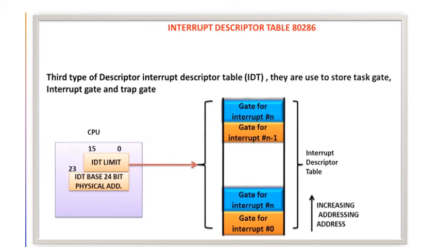Let us now discuss the interrupt descriptor table of 80286. In the protected mode, the 80286 processor has a third descriptor table known as the interrupt descriptor table, IDT. The IDT can be used to define up to 256 interrupts. The figure shows the interrupt descriptor table. The IDT contains task gate, interrupt gate and trap gate. The IDT has a 24-bit physical base and a 16-bit limit register in the CPU.